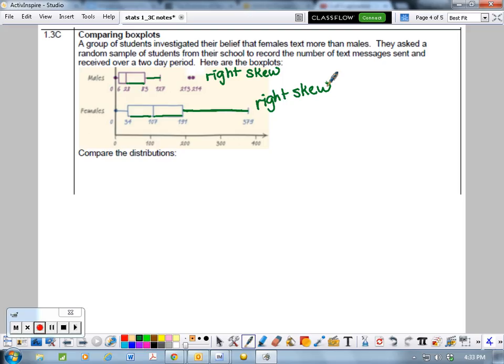So when we're comparing, we could say they have similar shapes. And I said up here that they're right skew, but when we're just comparing the distribution, I need to say information like that. They have similar shapes. What's that shape? Right skew. And then when I'm comparing the centers, females definitely have a higher median.